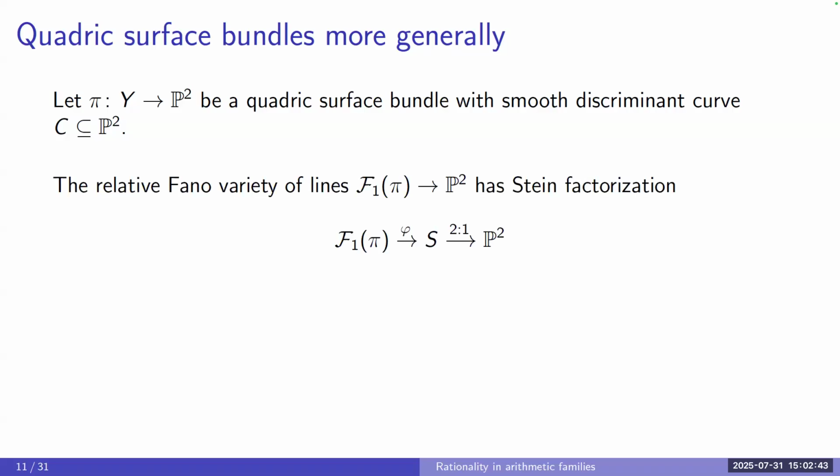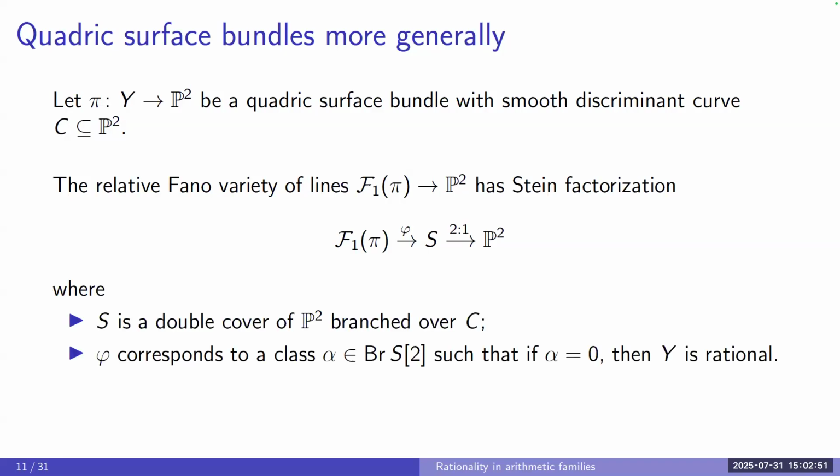I can look at the relative Fano variety of lines over P2 and take its Stein factorization. This is going to give me some intermediate surface, which is a double cover of P2 branched over that discriminant curve. And then the first map is going to be a smooth conic bundle, and so gives a Brauer class on that surface. And if the Brauer class vanishes, then the quadric surface bundle is rational, a rational fourfold.